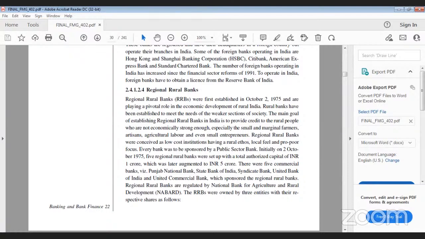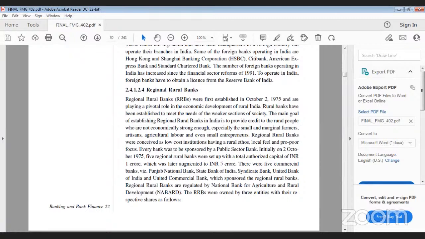There were five commercial banks, Punjab National Bank, State Bank of India, Syndicate Bank, Union Bank of India, and United Commercial Bank, which sponsored regional rural banks. Regional rural banks are regulated by the National Bank for Agriculture and Rural Development, that is NABARD.